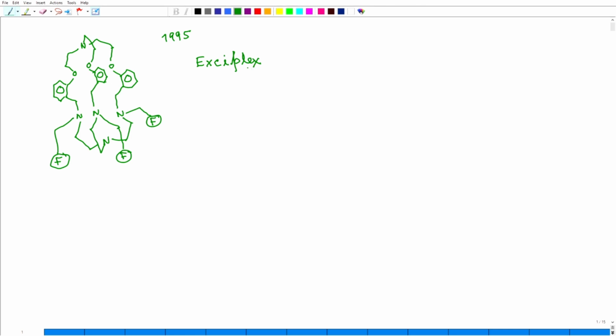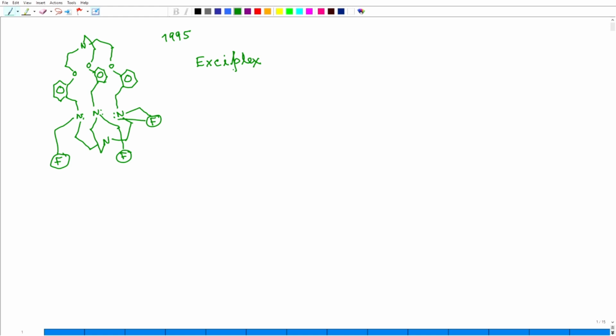So, when fluorophore is excited, when I excite my anthracene, there is no metal here. That means the lone pairs are still available. When I excite my fluorophore, that excited fluorophore interacts with this lone pair, forming what is known as exciplex.